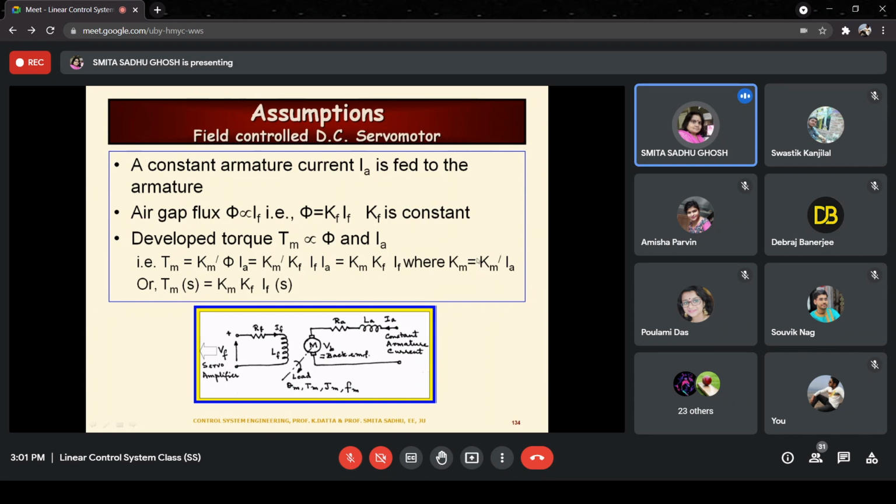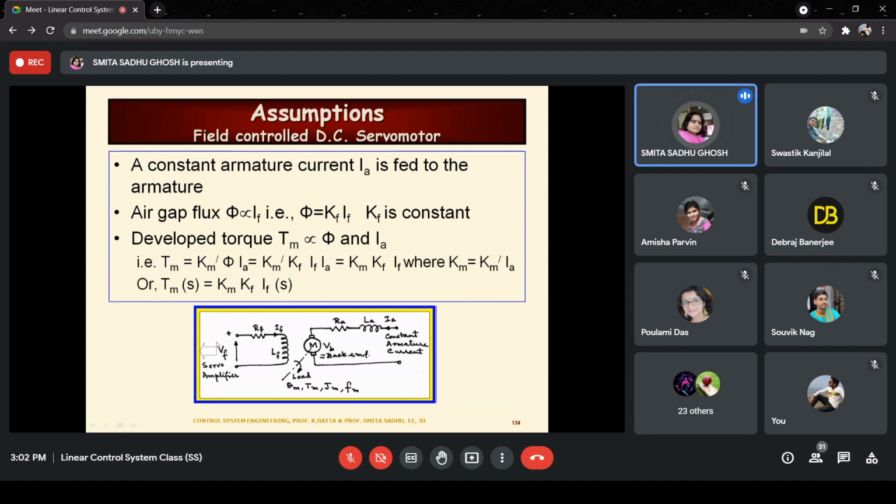So Km prime into Ia together is a constant and is denoted by another constant, which is Km, right? If we assume that Km is equal to Km prime Ia, because Ia is a constant, we will get Tm is equal to Km Kf If, right? Now, taking the Laplace transform, we arrive at Tm(s) is equal to Km Kf into If(s). That is the relation between the field current and the torque in the motor.